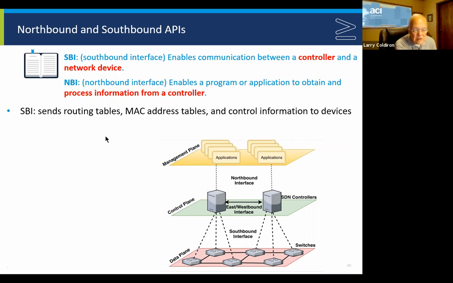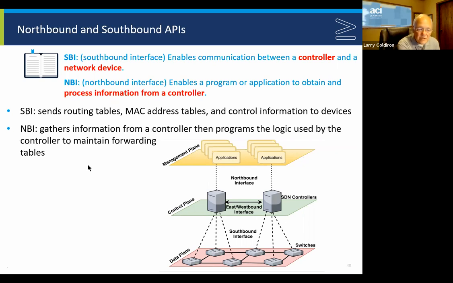So the southbound interface sends the routing tables, the MAC addresses, control information to the devices, and the northbound interface gathers the information from a controller, programs the logic used by the controller to maintain the forwarding tables. What may be expanding what can happen here, based on some of the stuff that we've seen: we can collect information from the devices, and we can put that information into tables or into some sort of a data storage area.